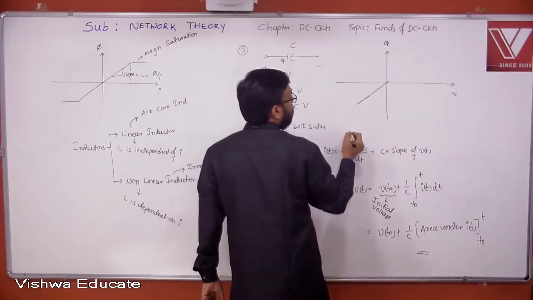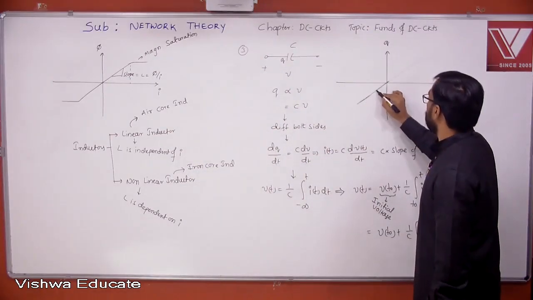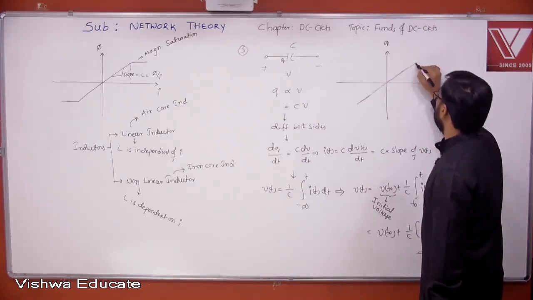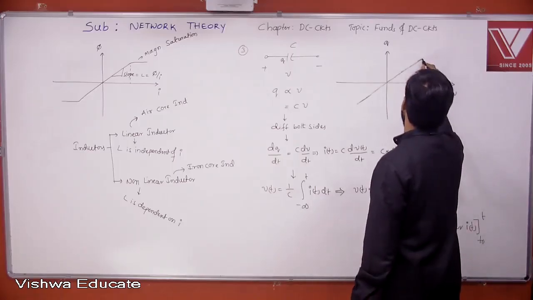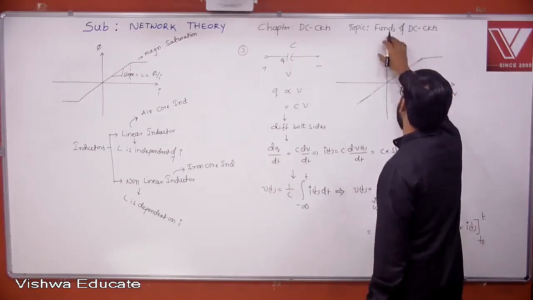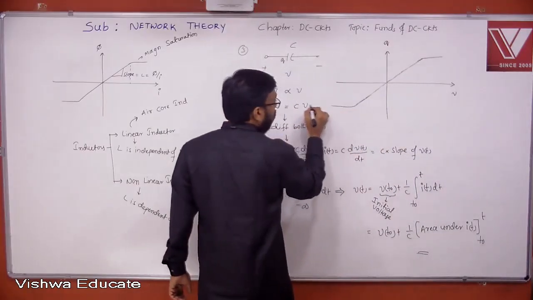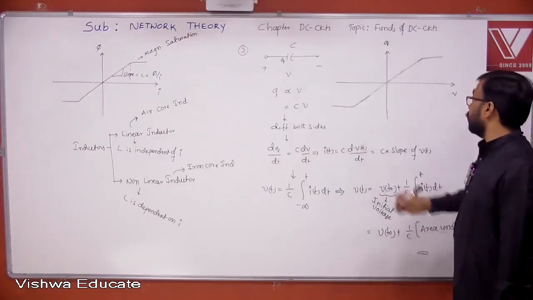It's not nonlinear, it's linear. But you also have saturation. You cannot get infinite charge by taking infinite voltage. And for both positive and negative values of the voltage, you can have the characteristics.